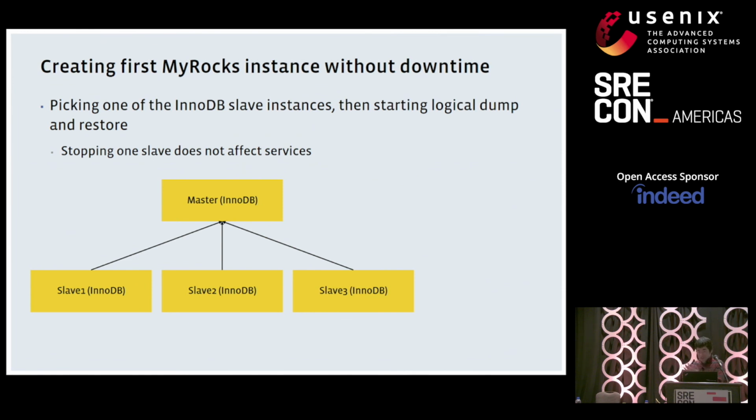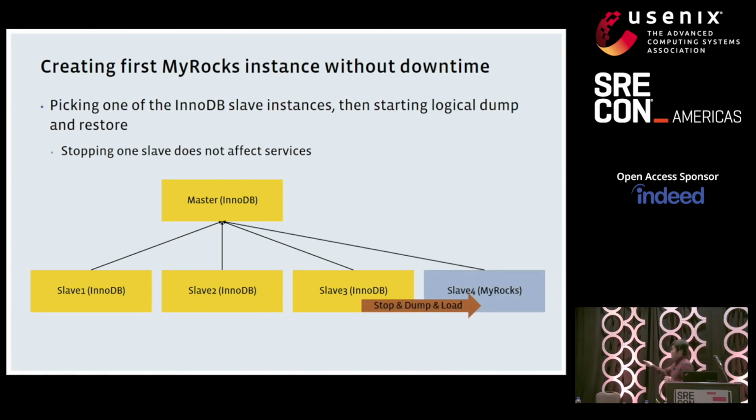So we use a traditional MySQL single-master, multi-slave architecture. Creating one MyRocks instance was relatively easy in MySQL, because you can just pick one InnoDB slave, stop the slave, dump the database, and load it into MyRocks. By doing so, MyRocks instances can replicate from InnoDB.